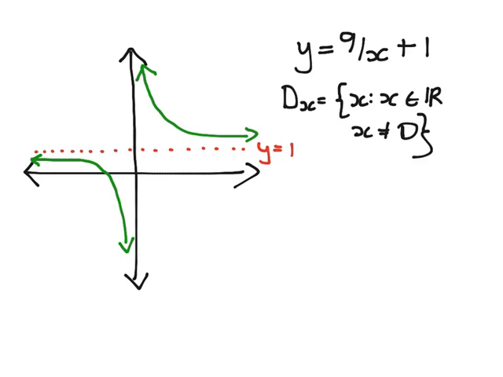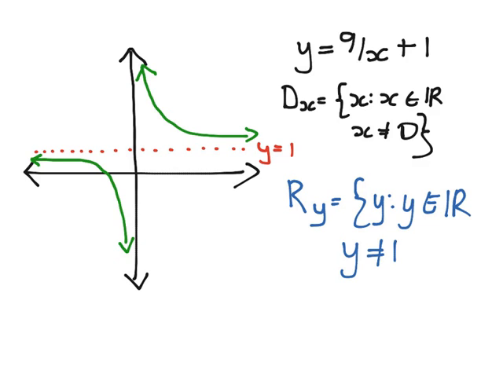But our range changes slightly because now we can have y equal to 0, but we can't have y equal to 1 because that is the asymptote. So in this case, our range will be y values, y element of the real numbers, but y not equal to 1.